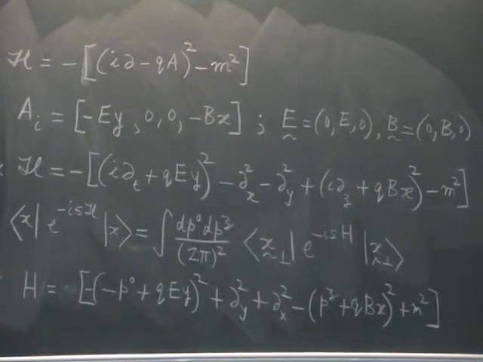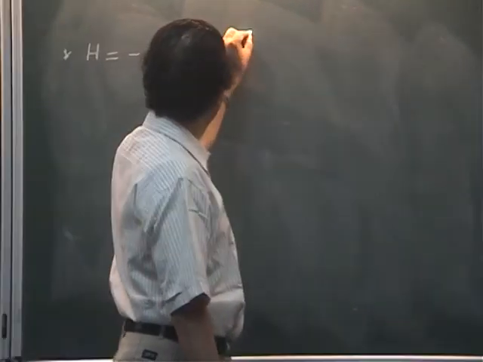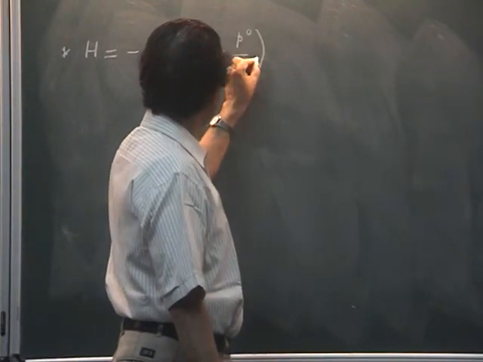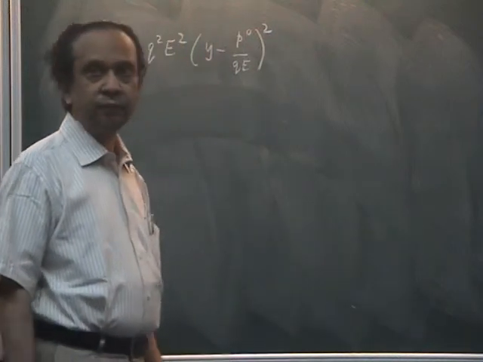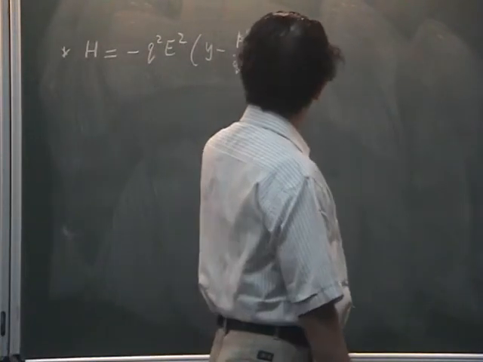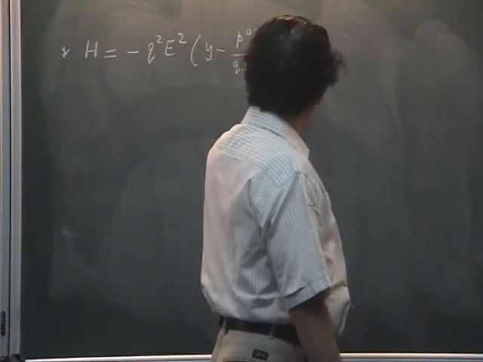So it is minus Q square E square and y minus P naught upon QE, the whole square. Okay. Then I have a plus dy square.